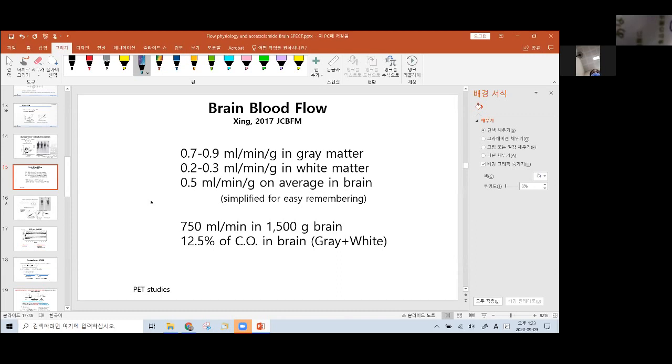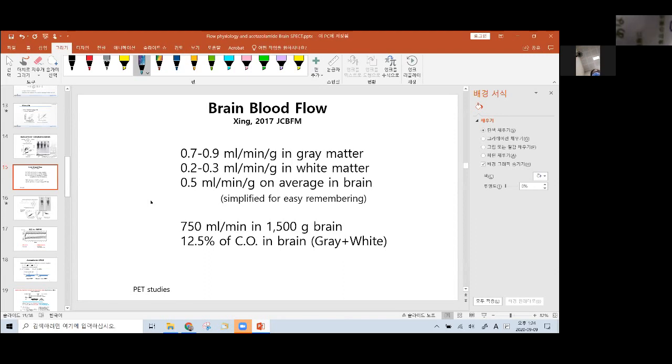Anyway, gray matter is 0.7 to 0.9, and interestingly, white matter blood flow is much lower, 0.2, 0.3. So when you read an MR perfusion study, you are immediately reminded of these measurement data, and sometimes it might have been revised, because previous studies used older PET machines with a full width half maximum, which is equivalent to the resolution, of almost 10 millimeter.